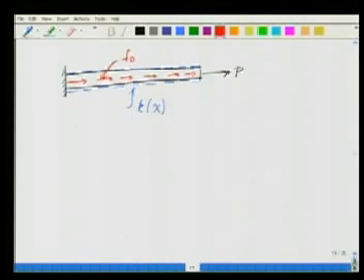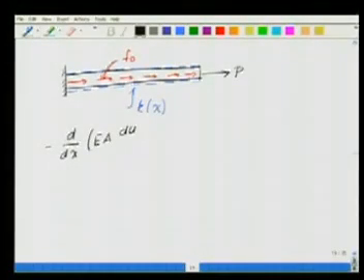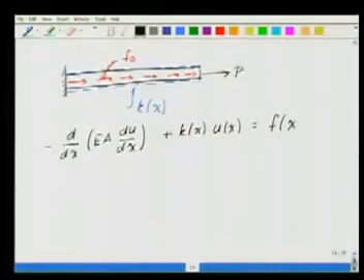So, in this case I will simply write the differential equation again. It will be d/dx of EA du/dx, with a minus sign, plus k of x u of x equal to f of x. This is the differential equation. The boundary conditions we have already stated.